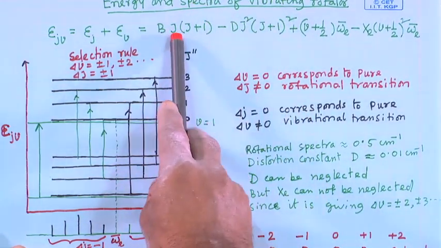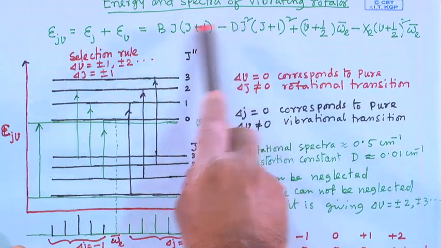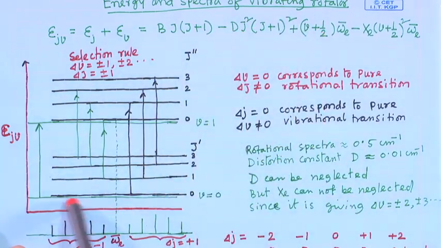So, it is just V equal to 0 and J equal to 0. This is the same line. I have just shown it separately, with a slight separation I kept, but it is basically the same line.